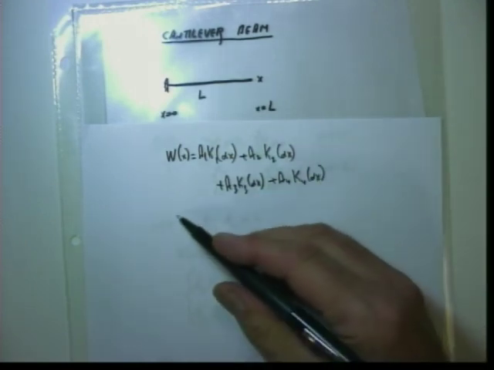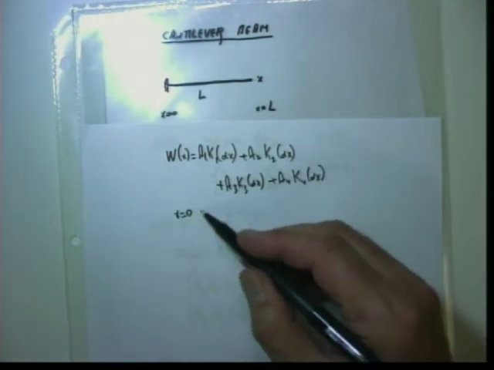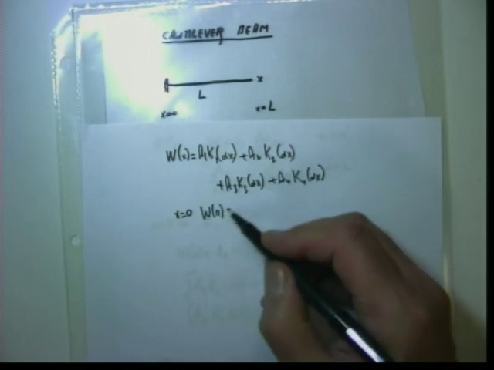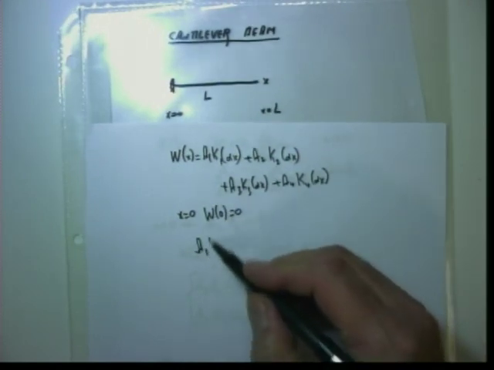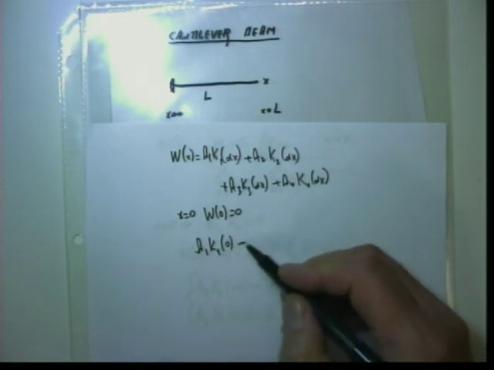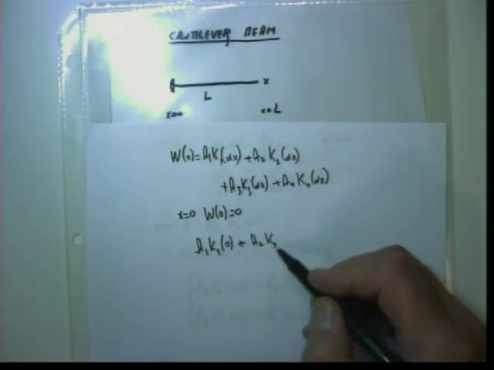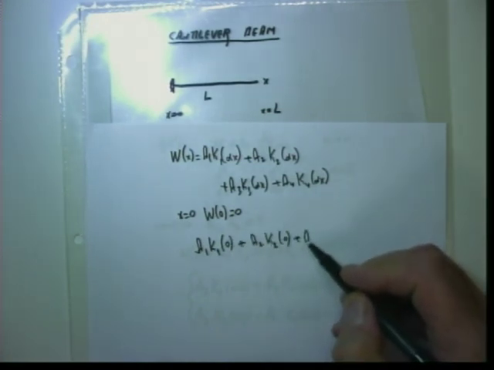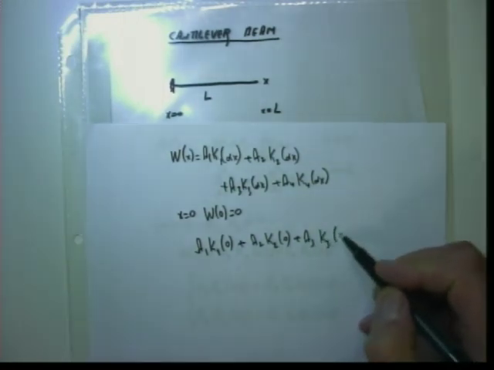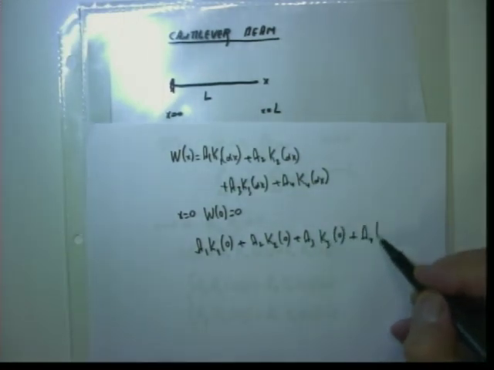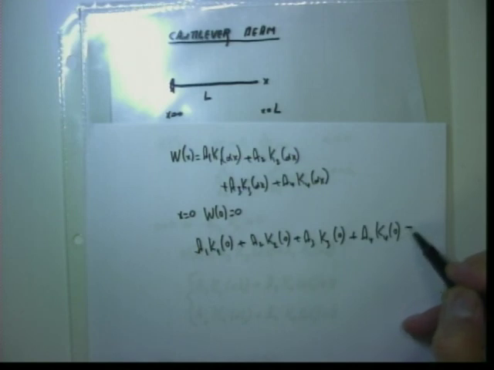Now when I satisfy the condition at x equals 0, capital W equals 0, I get A1 K1 at 0 plus A2 K2 at 0 plus A3 K3 at 0 plus A4 K4 at 0 equals 0.